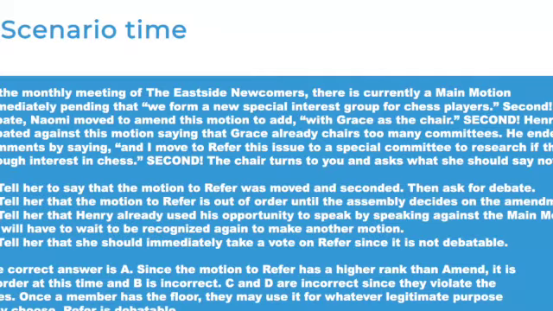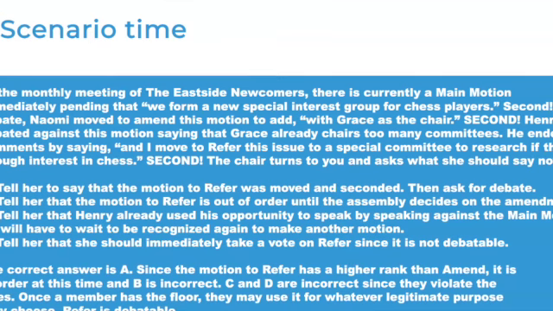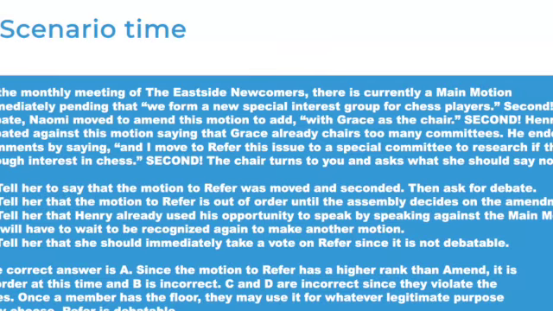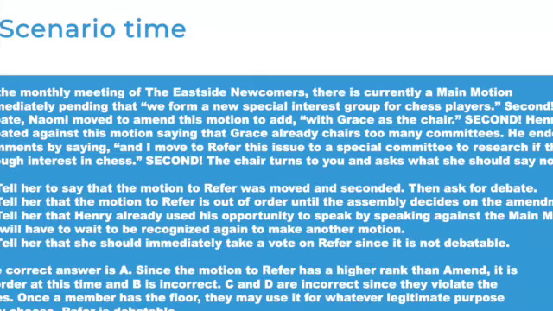There's another second. Henry debated against this motion, saying that Grace already chairs too many committees. He ended his comments by saying, and I move to refer this issue to a special committee to research if there is enough interest in chess. There's a second. You are now the parliamentarian. The chair turns to you and asks, what should she say now?